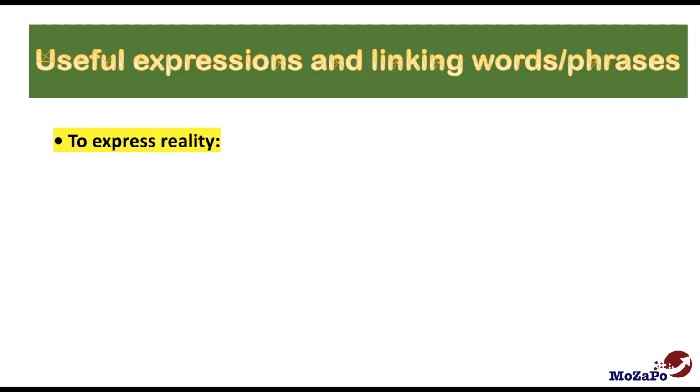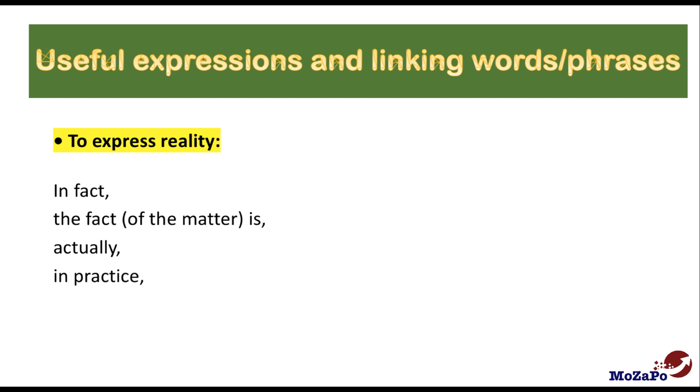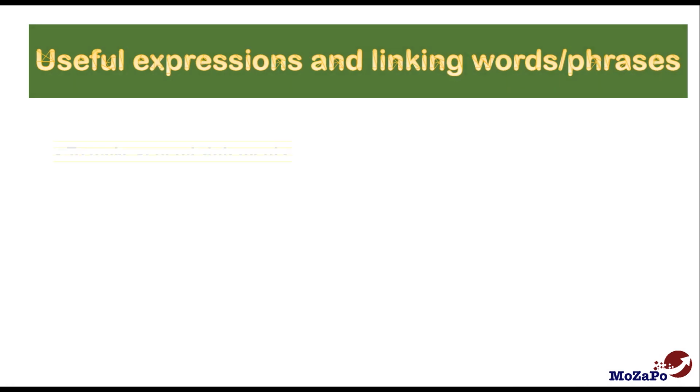To express reality, for example, sometimes you also have to include the reality in your for and against writing. For example, you can say, in fact, the fact is, actually, in practice, it is a fact that. So you can just express reality in your writing, for example, in effect, and so on.